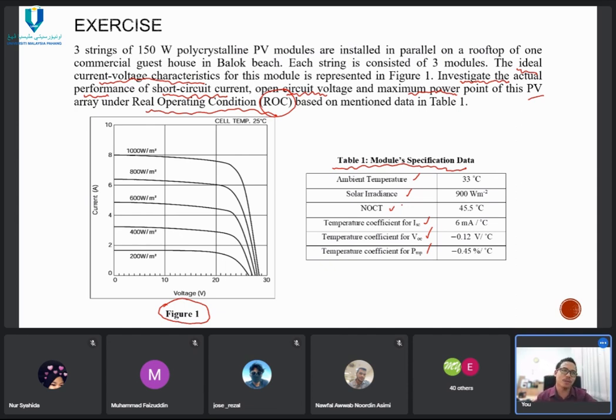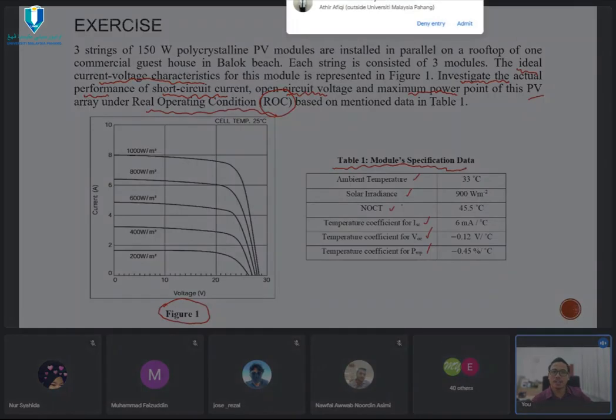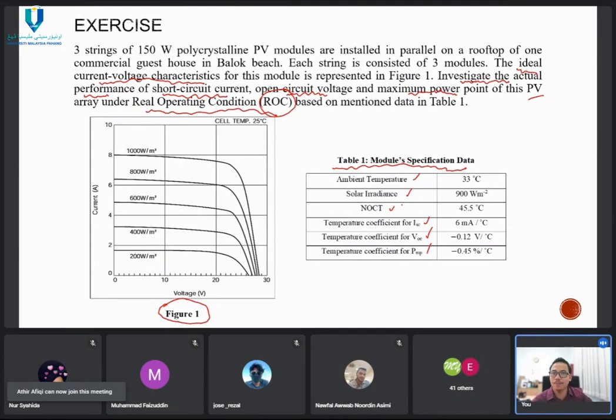We just extracted the data and put it in the table, so you don't have to do it yourself. So what is the question? Investigate the actual performance, the ROC for the short circuit current, open circuit voltage, and PMP. They are looking for this.